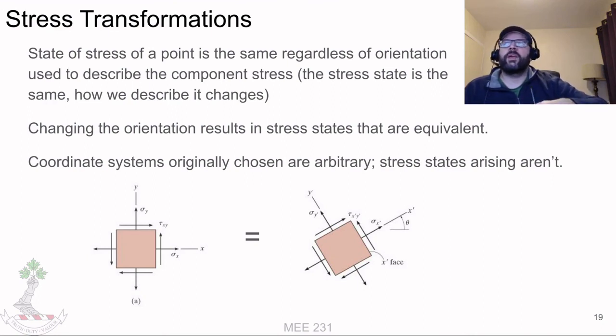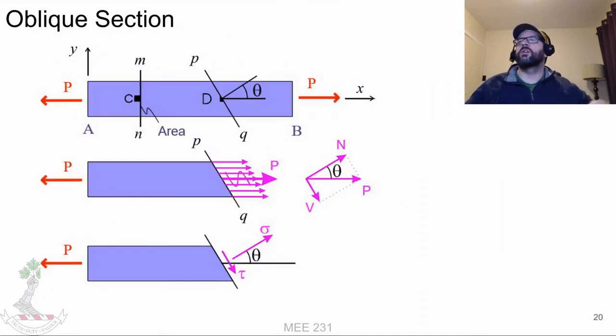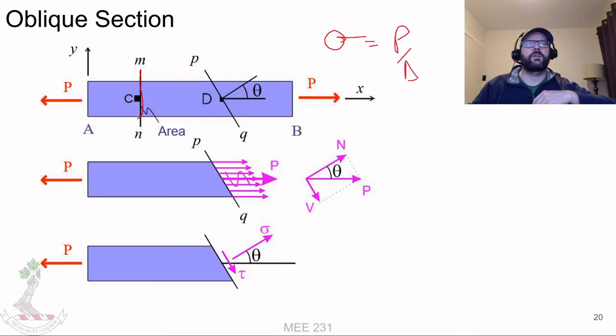So for example, if we have just a bar that we're pulling on, and if we describe what's going on based upon this coordinate system, we're going to say that, all right, we've got this thing here. It's going to cause a stress that's equal to P over A. But if we have a look at a cross section that is oriented with a slant here, the total force across that cross section is still going to be the same.